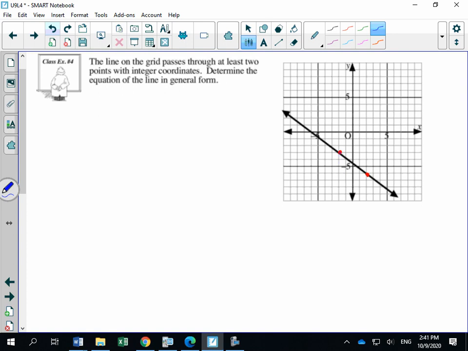This would be 1, 2, 3. It would be a fall of 3 and a run of 4. Okay, I just calculated my slope. So my slope is negative 3 over 4. And that should make sense, right? 2 points on your line, you need your slope.